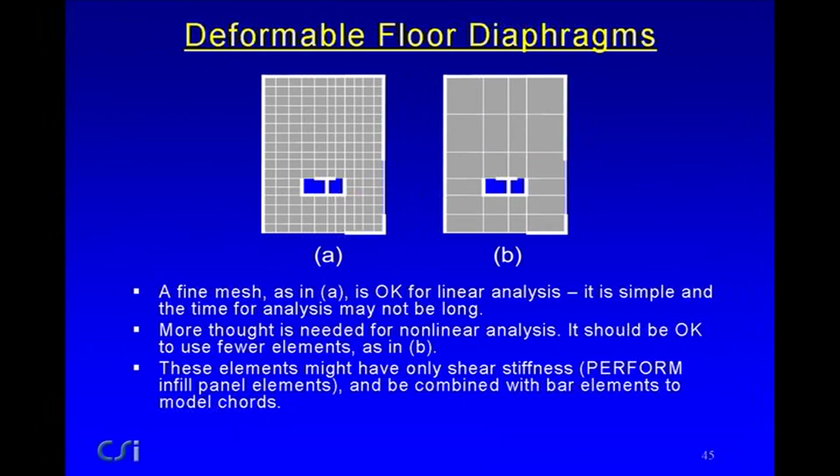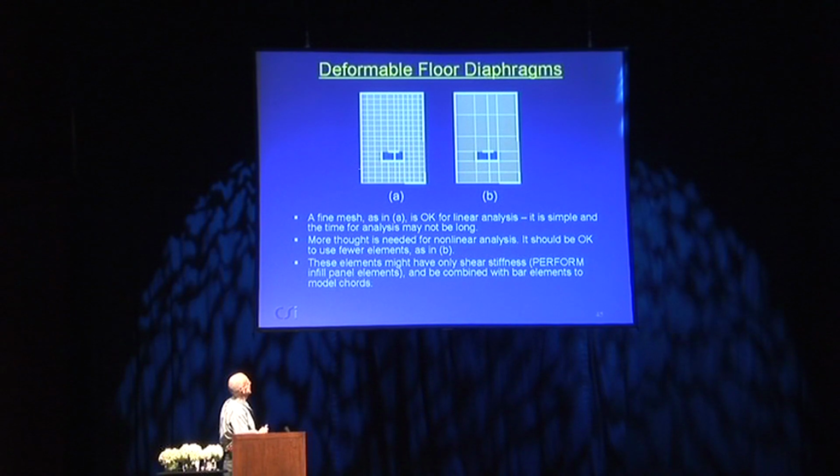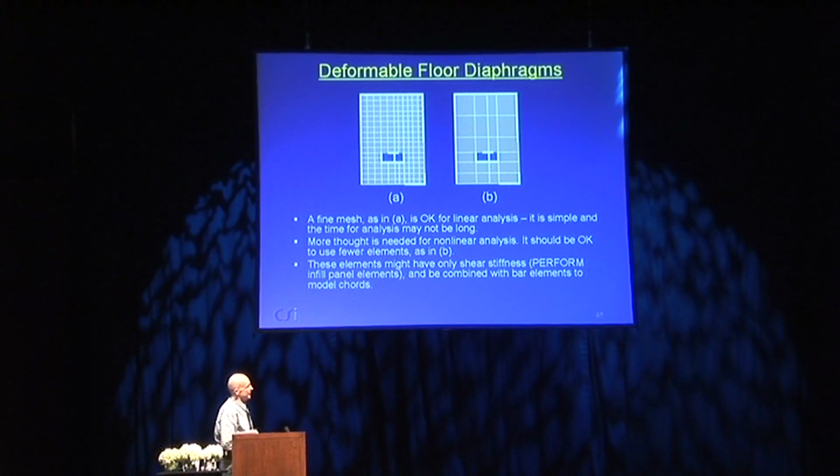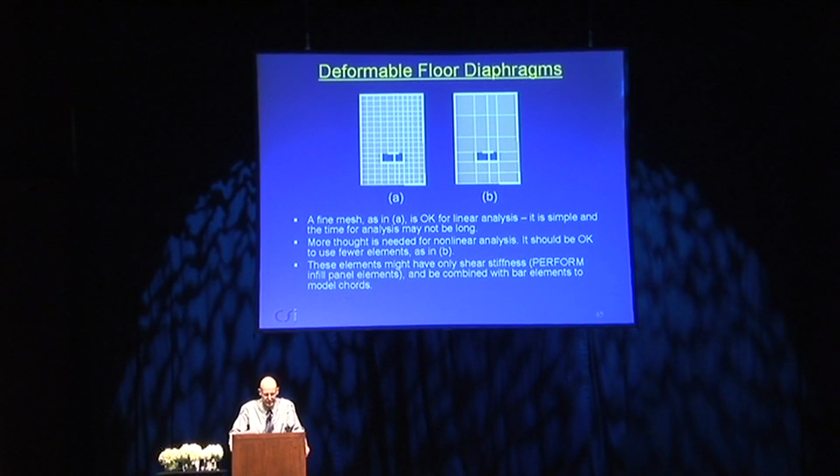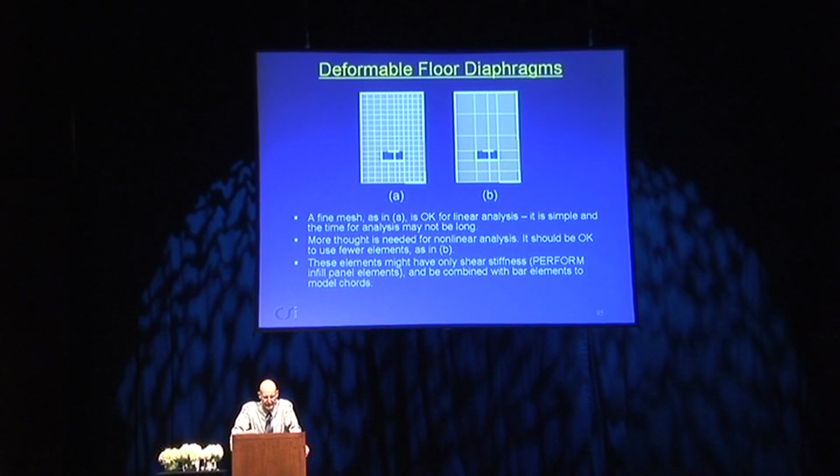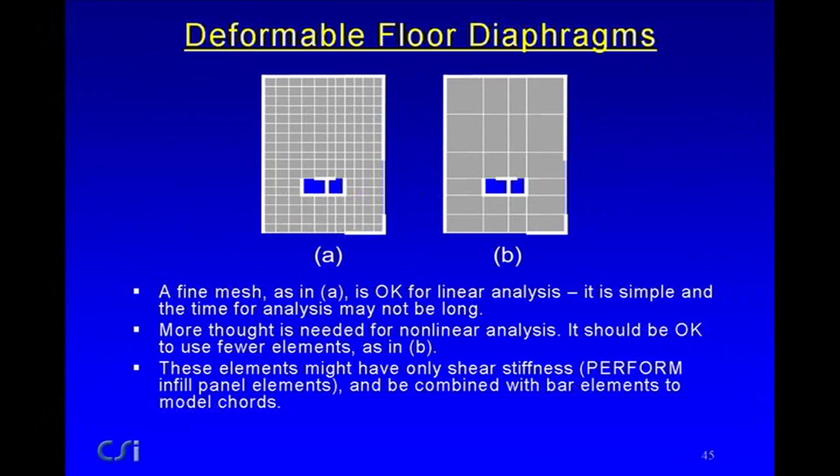Deformable floor diaphragms. Now, this is a plan view, and basically this would be a shear core, and then there are some walls around the outside. And you might want to consider deformations in the floor diaphragm. It's common in linear analysis to just say, let's assume a fine mesh and let everything take care of itself, which is fine for linear analysis, but for nonlinear analysis, that's not so fine.